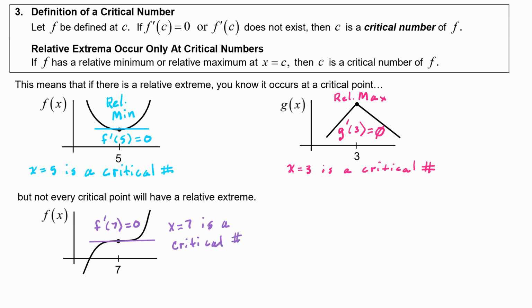However, there's not a relative min or a relative max there. So even though x equals 7 is a critical number, there's no relative extrema there.